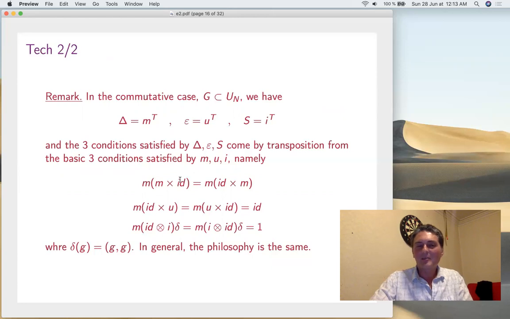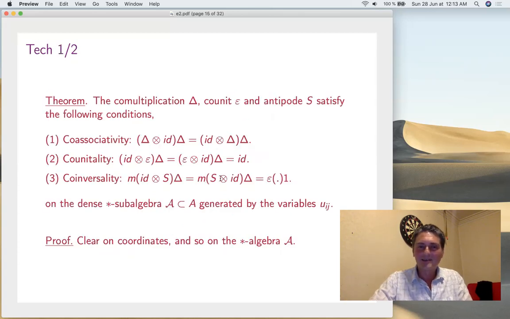The point is that when writing the group axioms in this way, if you want to transpose them to see what delta, epsilon, S satisfy, you just put tensor everywhere. That's the magic of tensor. That's how these three formulas, just by putting tensor there, finally reach these things here. There's a bit of a tricky thing here.